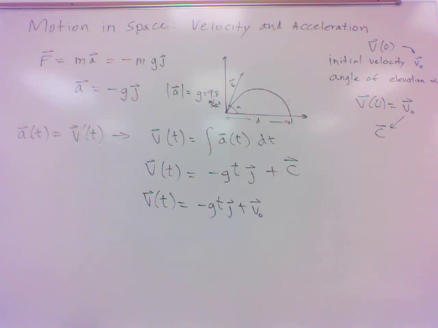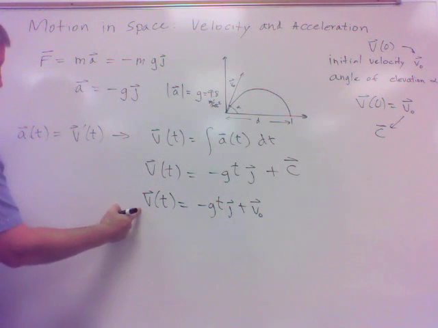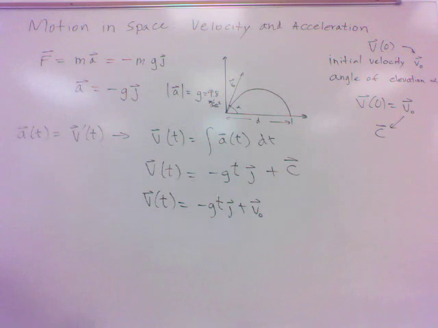All right, now, that gets us our velocity vector. What about our position vector? Well, if we integrate again, that'll give us r of t, since v of t is equal to the derivative of r of t.